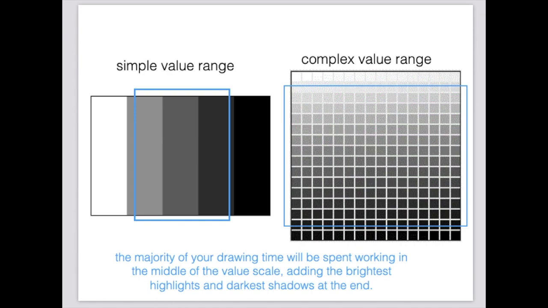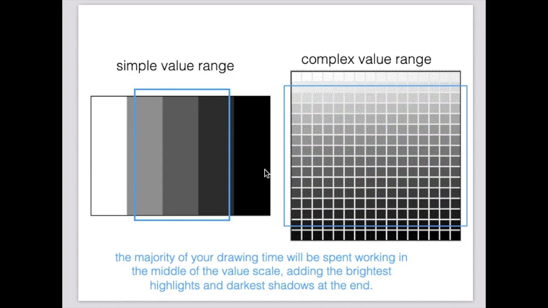The majority of the time that you'll spend working with value will be in the middle of your value scale, adding the brightest highlights at the end, or leaving them as the white of the paper, right? And the darkest shadows at the very end. So most of it's going to be mid-tone grays. You want to kind of save your darkest darks for the end, and then you can really make them pop.